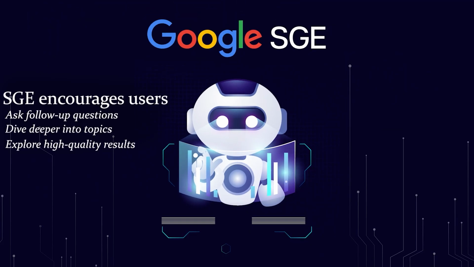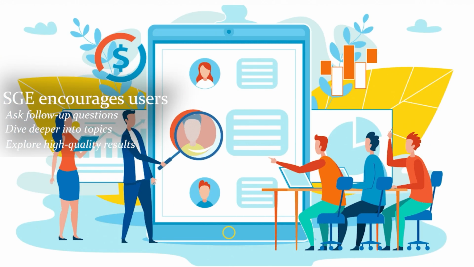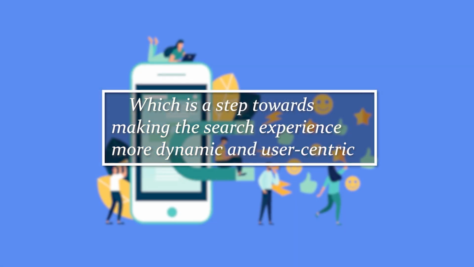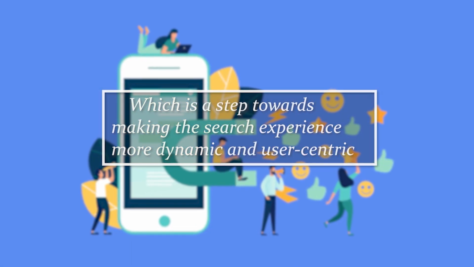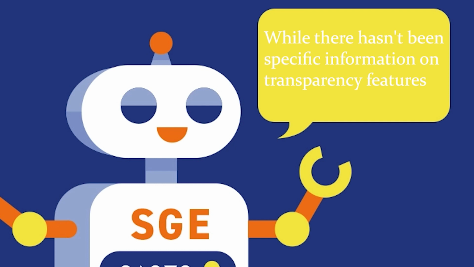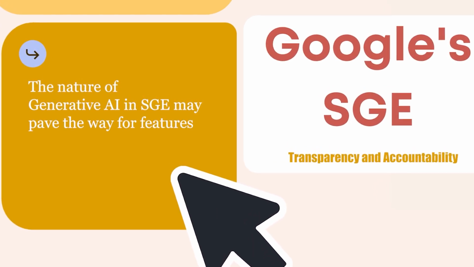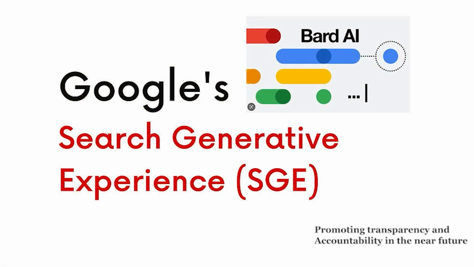The interactive nature of SGE encourages users to ask follow-up questions, dive deeper into topics, and explore high-quality results, which is a step towards making the search experience more dynamic and user-centric. 5. Transparency and accountability. While there hasn't been specific information on transparency features, the nature of generative AI in SGE may pave the way for features promoting transparency and accountability in the near future.